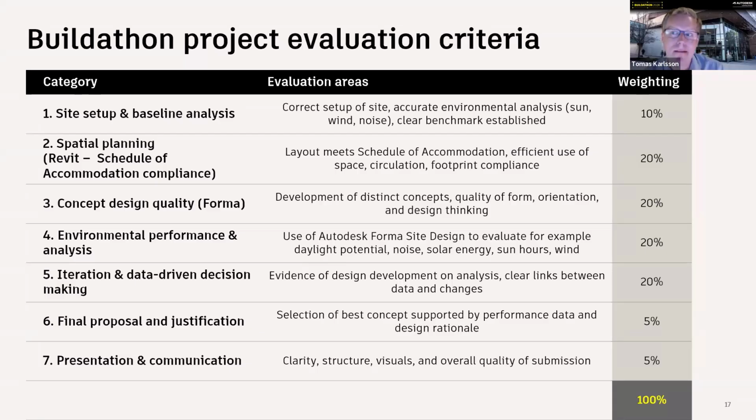You can tell that by the weightings and the different categories, that the judges will actually want to see how you establish your baseline, how you worked on analyzing that baseline, and how you iterate and enhance your designs all the way up to the final part, which is your submission. And make sure you also have a rationale for why you've taken certain design decisions. So that's it in terms of the evaluation criteria.